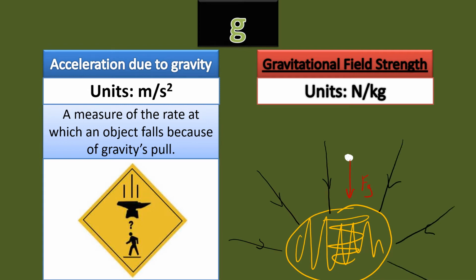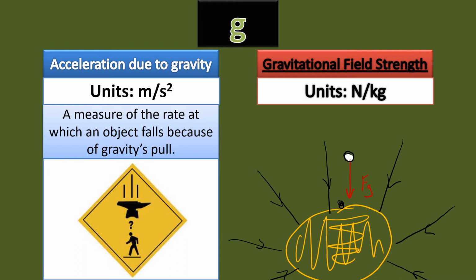Pulling you towards the center. And the strength of that field gets stronger as you get closer to the surface and weaker further away. So the gravitational field strength says, how many newtons do you feel? How much force do you feel per kilogram that's at this position?